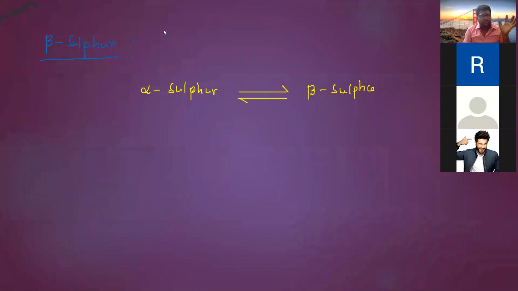Reversible. Alpha sulfur can be converted into beta sulfur, and beta sulfur can be converted back into alpha sulfur. So this double arrow mark indicates a reversible reaction.